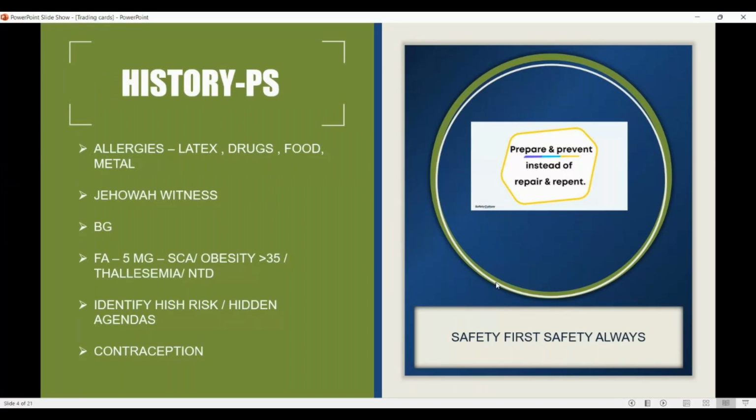Latex allergy, we have to ask everyone. Drug allergy, latex allergy in all preoperative patients, and drug allergy, food and metal allergy. If a contraception station is there, you have to ask about metal allergy. If you are offering a copper T and she is allergic to zinc, because zinc allergy is the commonest metal allergy.